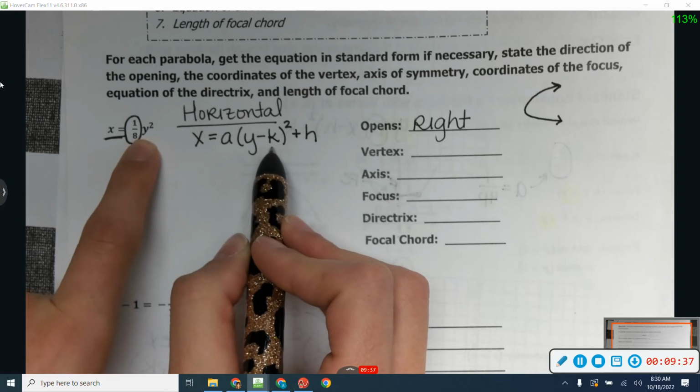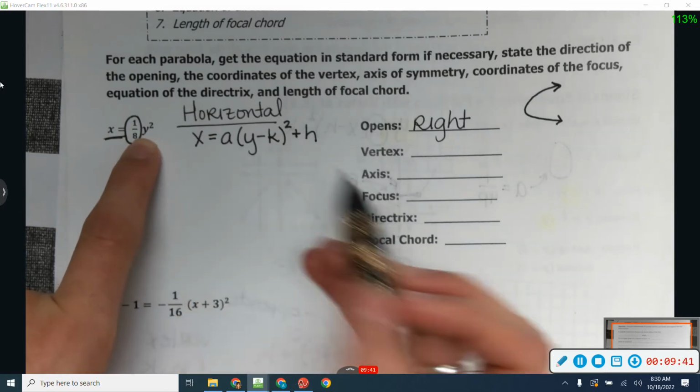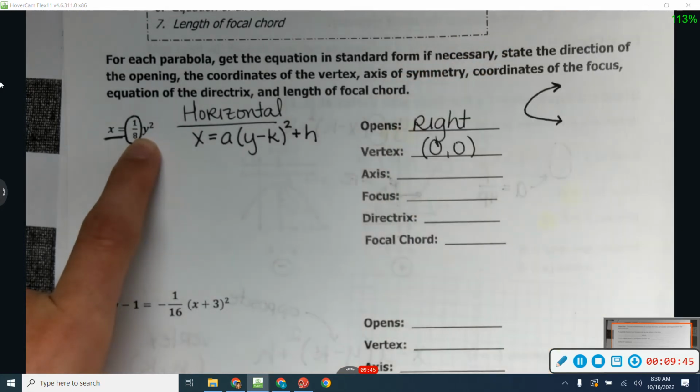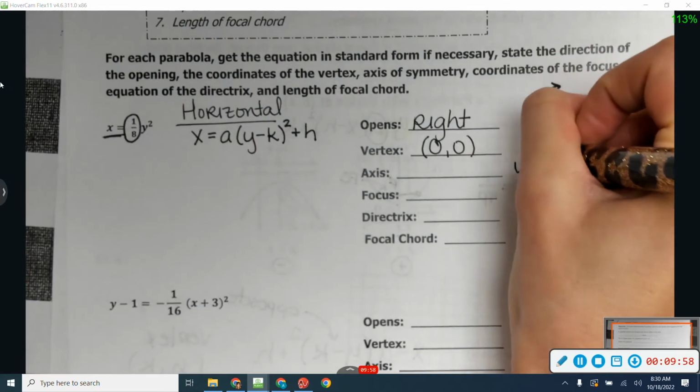No, so that means my k is 0. Do I have anything added or subtracted? No, so my vertex is going to be 0, 0. Y'all follow me?